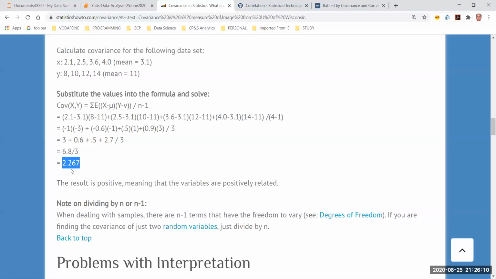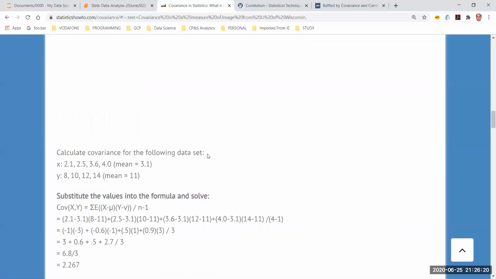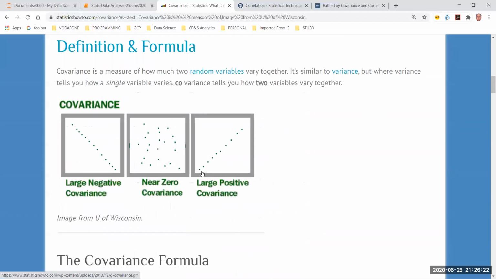So if it is quite far in distance from the number 0, and quite high from the number 0, then I say the result is positive, meaning the variables are positively related, which means an increase in one variable causes an increase in another variable. In other words, an increase in the variability of one variable causes an increase in the variability of the other variable.